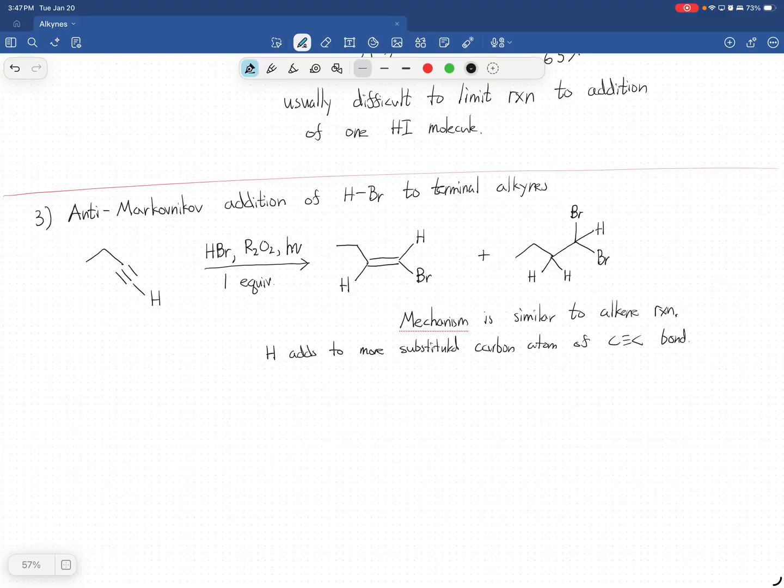Okay. And then the bromine is the one that adds to the least substituted carbon atom. So Br adds to the least substituted carbon atom.